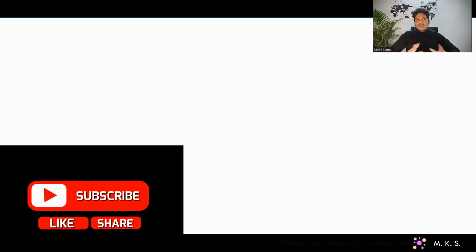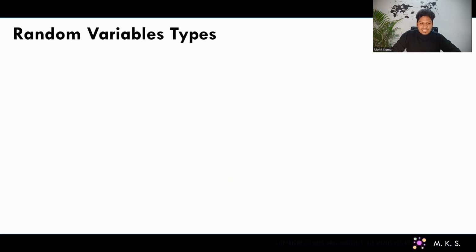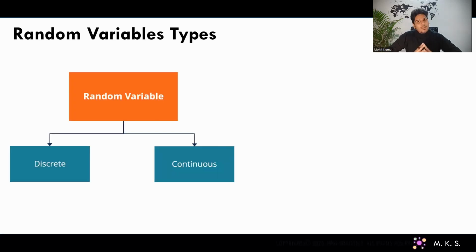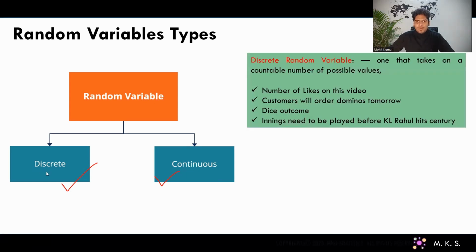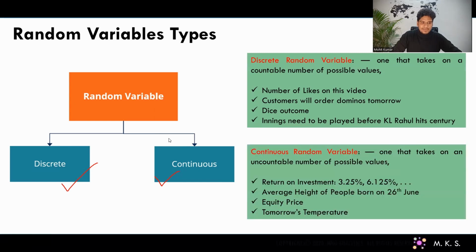Now there are two types of random variables present in the world, right? One is the discrete random variable and the other is the continuous random variable, and that depends on what type of values they are storing. Okay, so discrete, from the name itself, I hope this is clear, means we have some countable number of possible values in the random variable, right?